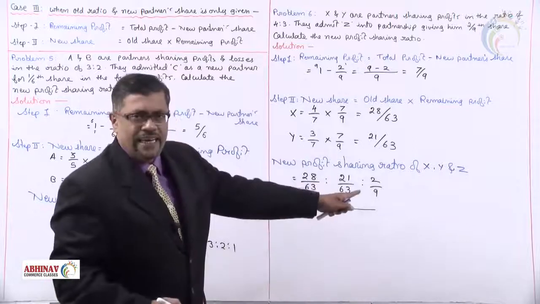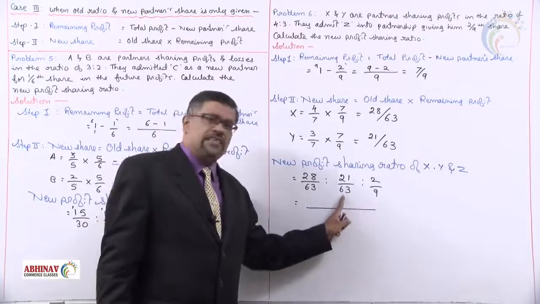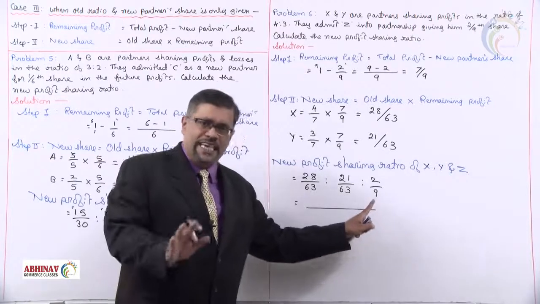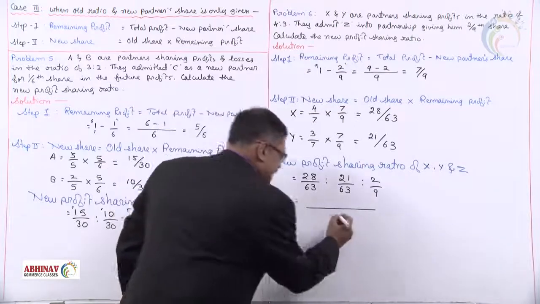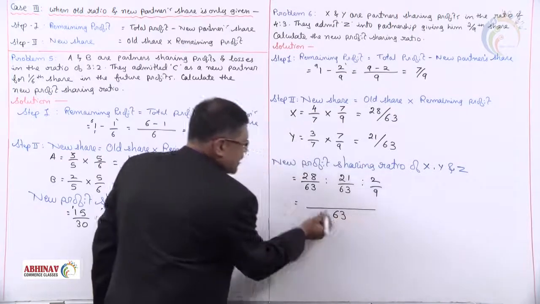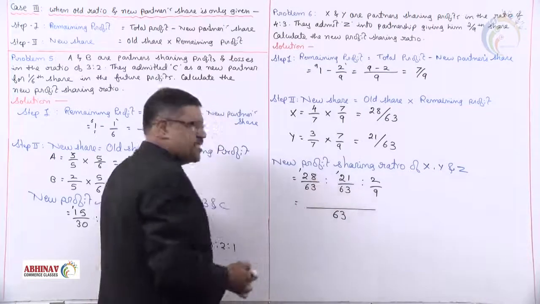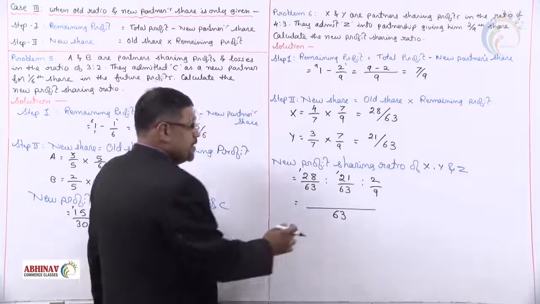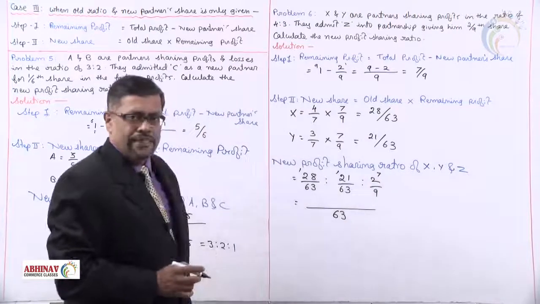63, 63 and 9. Simplest. Don't bother now about how to find the LCM. 63 is divisible by 9, yes, because 9 sevens is 63. 63 will be the LCM. 63 divided by 63, 63 again divided by 63. Multiply that by 1. 63 divided by 9, we multiply this number by 7.